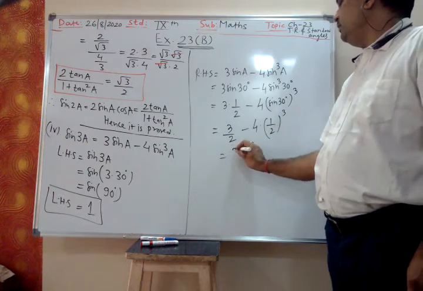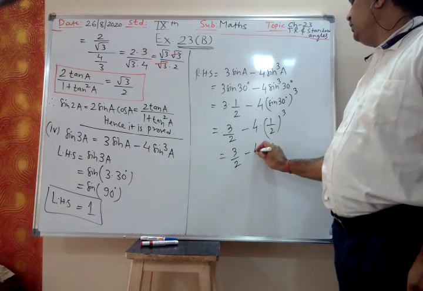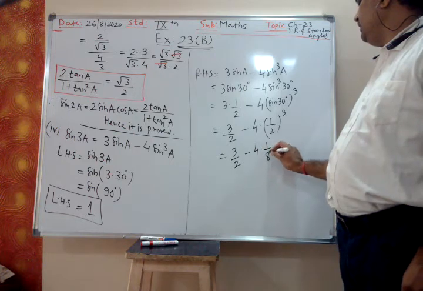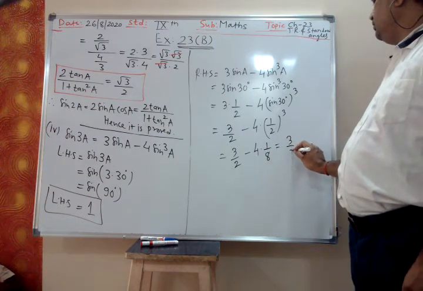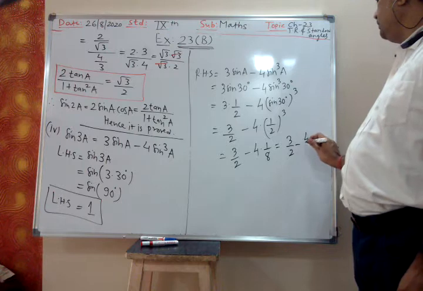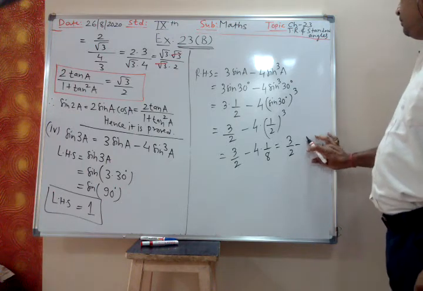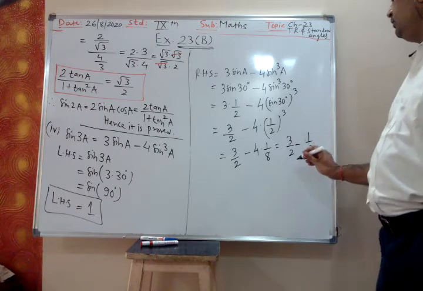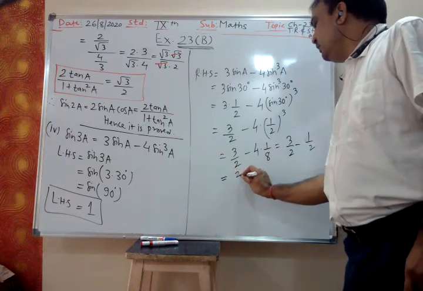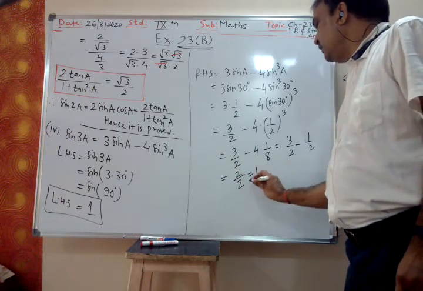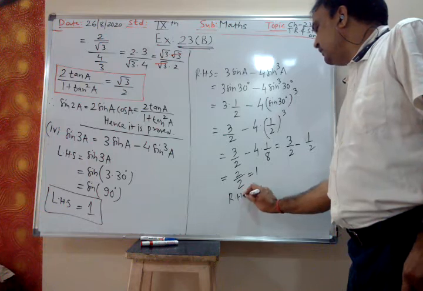So that is 3 by 2 minus 4 into 1 by 2 cube, which is 1 by 8. So that is 3 by 2 minus 4 by 8, which is 1 by 2. 3 by 2 minus 1 by 2 is 2 by 2, which is 1. So my right hand side is 1.